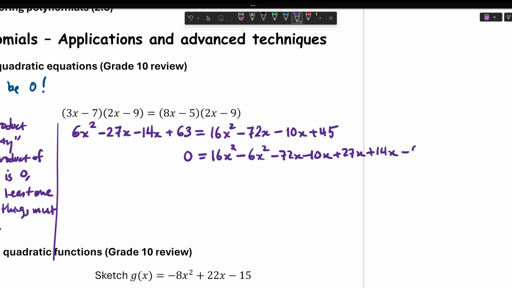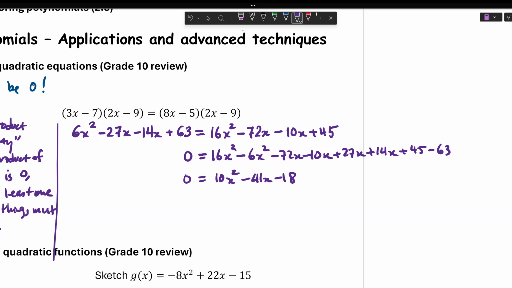We're going to subtract 63. That should give you 10x squared minus 41x minus 18.